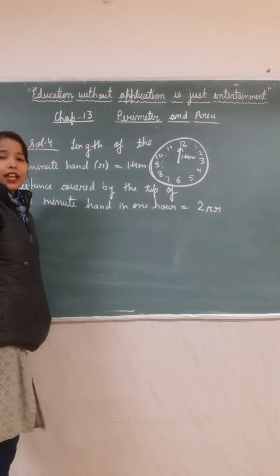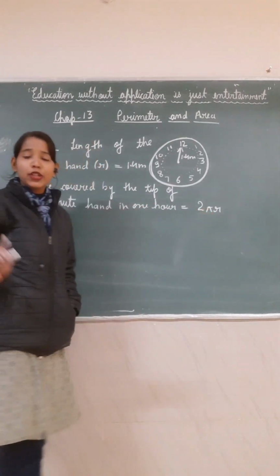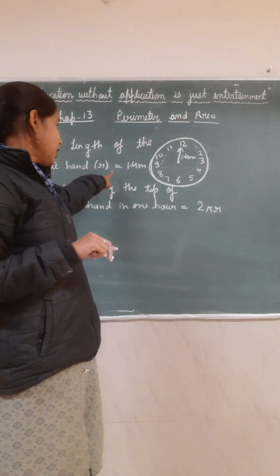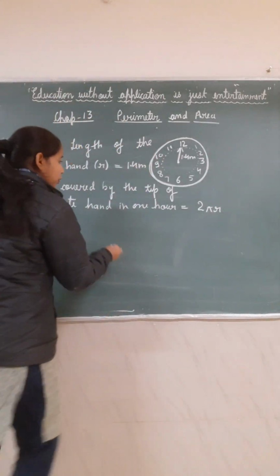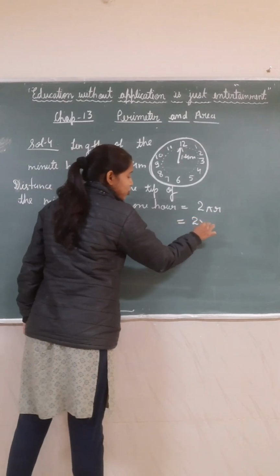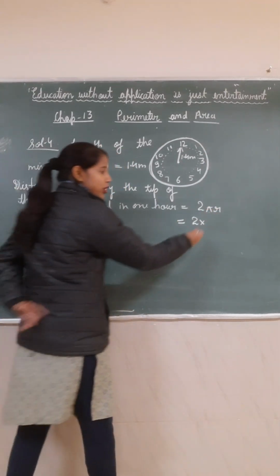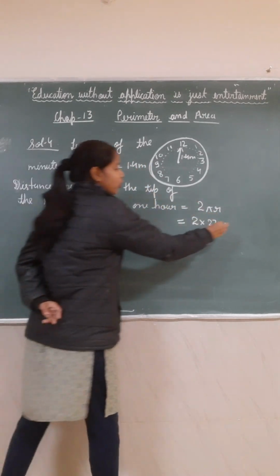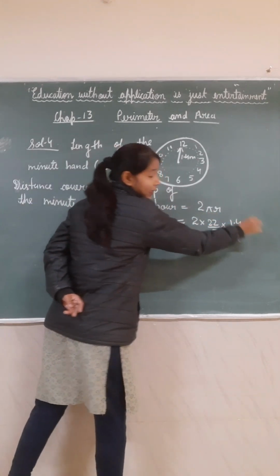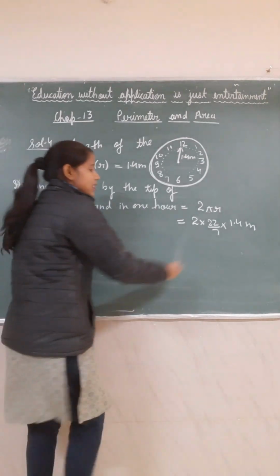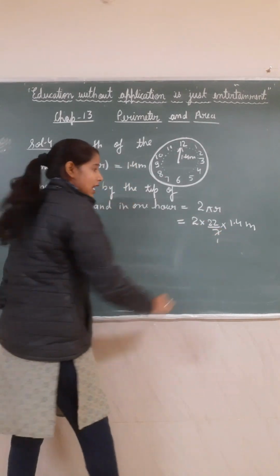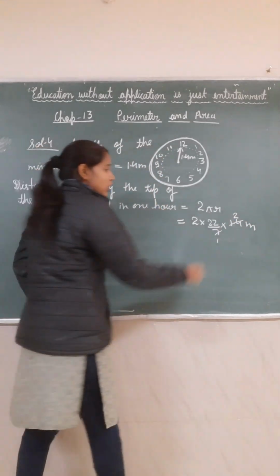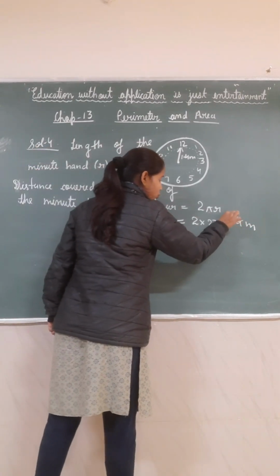So 2 pi r, and here the value of pi, everybody knows, is 22/7, and the radius is given here as 1.4 meter. So we will put in the values: 2 into 22/7 into 1.4 meter. Now 7 ones are 7 and 7 twos are 14, but it is 1.4, so it will be 0.2.